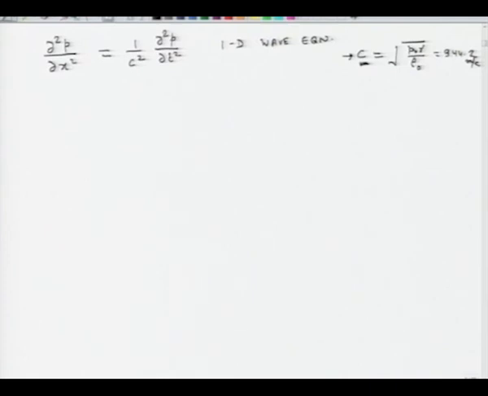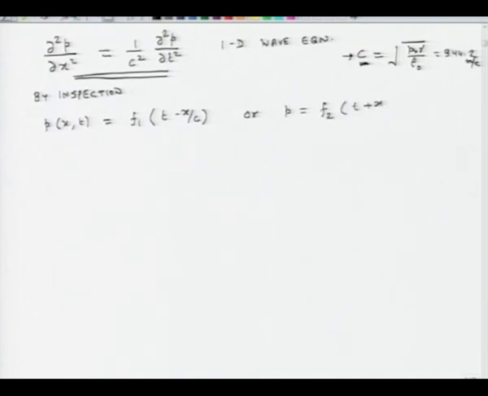From the last class we had just started on a journey, and we said that by inspection I can write the solution for this second order partial differential equation in such a way that either p, which is dependent on x and time, is a function of t minus x over c, or p is a function of t plus x over c.